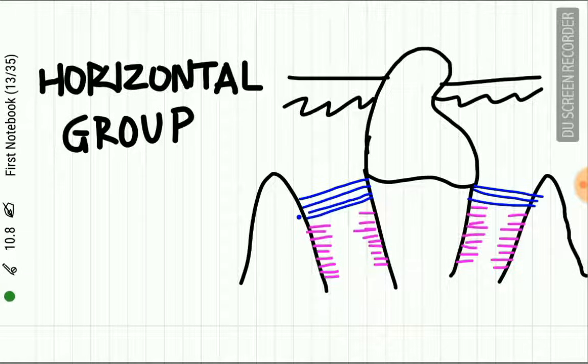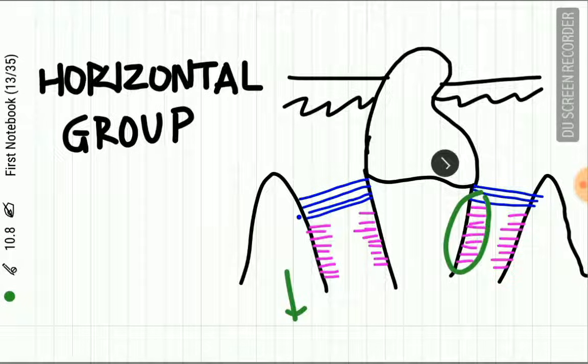Now let us see how the horizontal group of fibers form. Further apical to the alveolar crest group of fibers, there are brush-like fibers shown by pink lines. These are brush-like fibers which appear on both the cementum as well as bone.